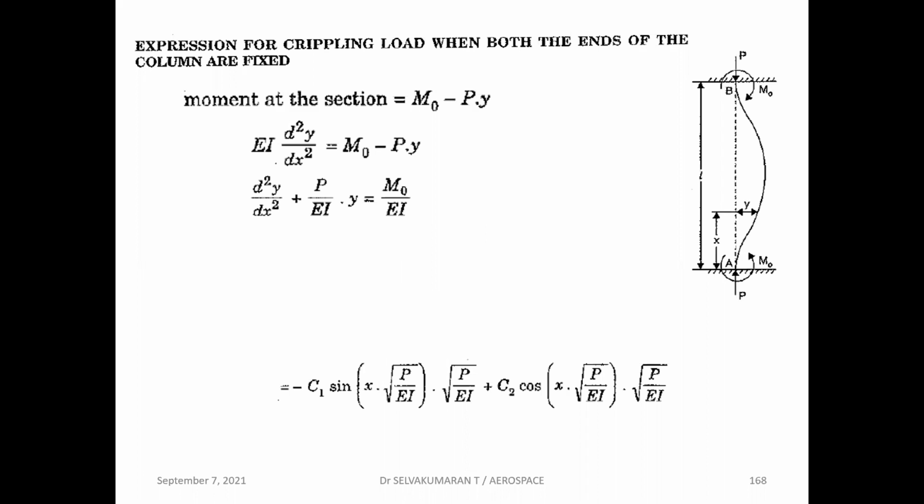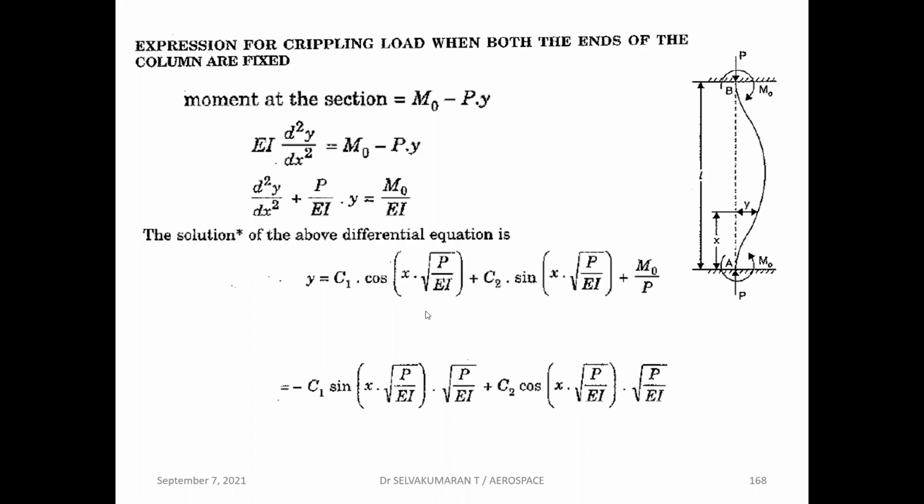We get the equation: d square Y by dx square plus P by EI into Y is equal to M naught by EI. When the right hand side term is 0, the general solution, we know that Y is equal to C1 cos of X root of P by EI plus C2 sine of X root of P by EI.